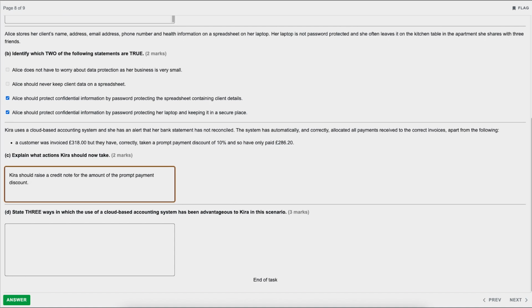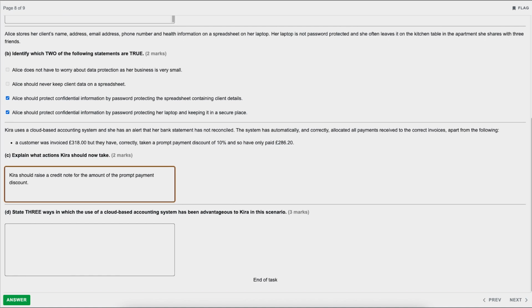So it's going to show an amount still owed. But we know that that amount is never going to be paid because it relates to the discount that they've correctly taken. So what we need to do is allocate the payment against the £318, and we also need to allocate the credit note against the £318 to show that there is no more owing from this £318 invoice.